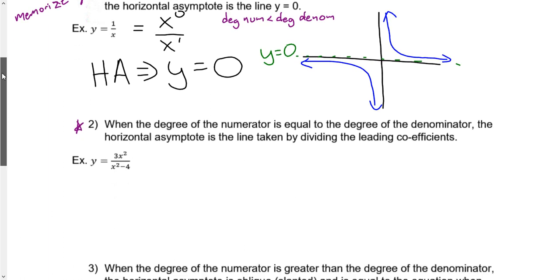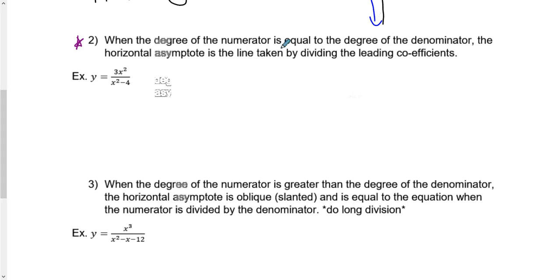The second rule is that when the degree of the numerator is equal to the degree of the denominator, the horizontal asymptote is the line taken by dividing the leading coefficients. So if we look at what our leading coefficients are in here, because the degree of our numerator is equal to the degree of our denominator, all we have to do is divide our leading coefficients.